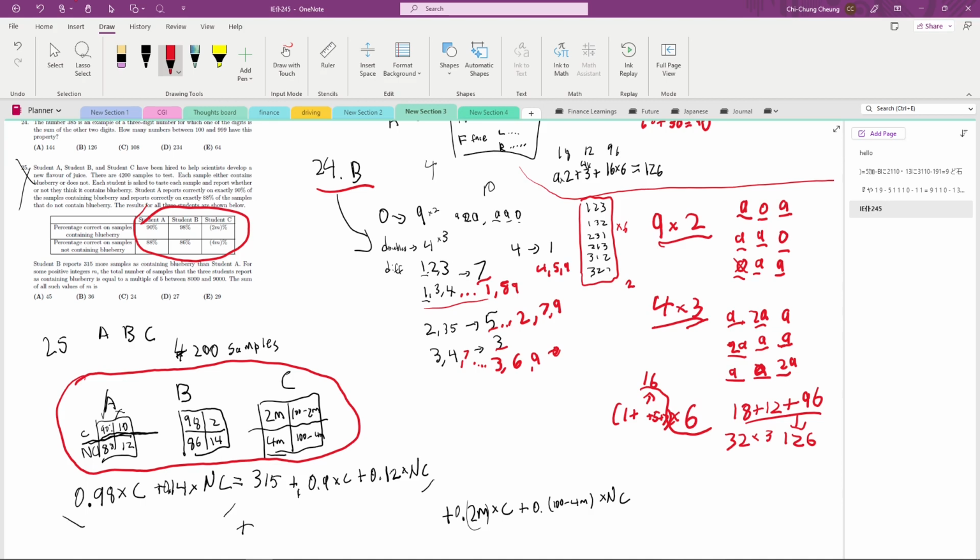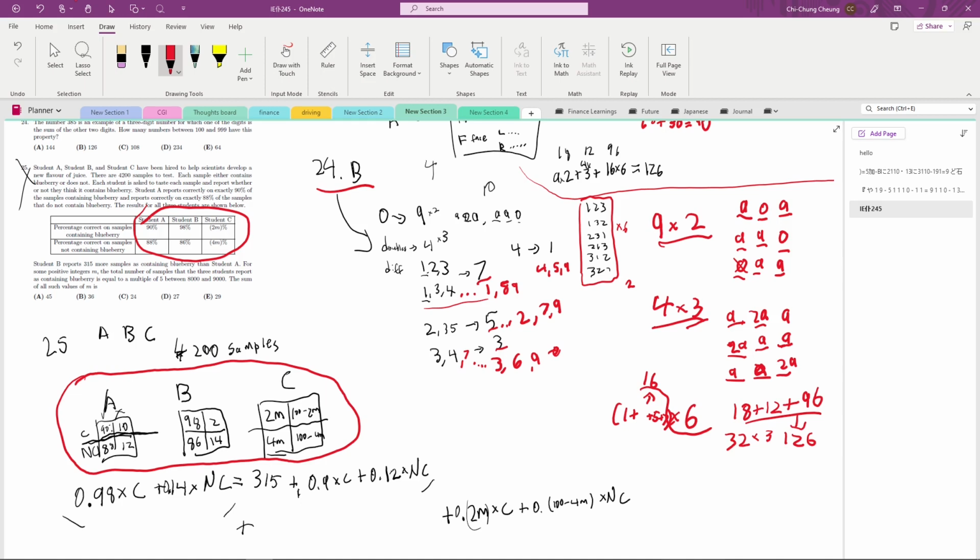Even though it's confusing, I'm just organizing my information. So let's just fill it in. If the percentage of corrects on samples containing blueberry, so they guessed it has blueberry, and it does have blueberry, that will be 90% of all samples that contain blueberry.